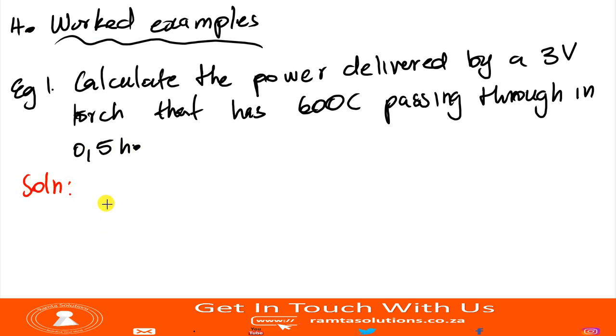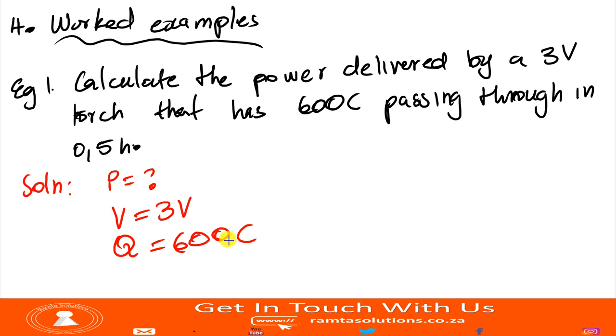Our solution: we are looking for power. The voltage given is 3 volts. The charge given is 600 coulombs. The time is given in hours, and we need to convert hours to seconds, so we multiply by 3,600.